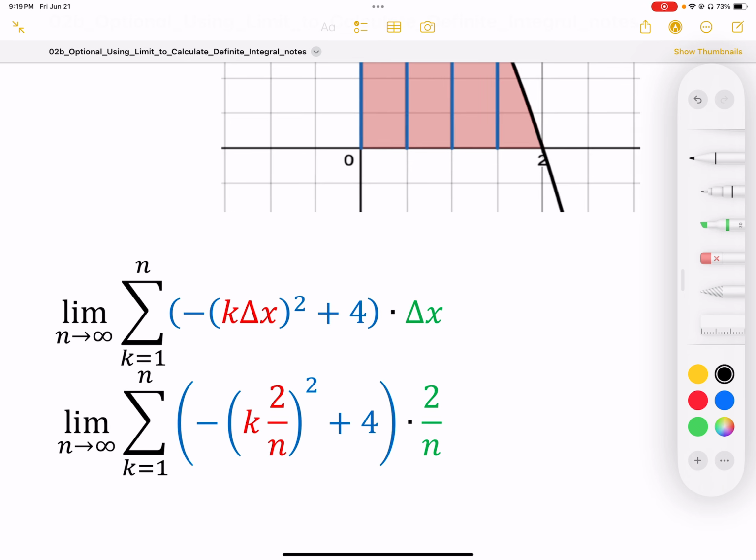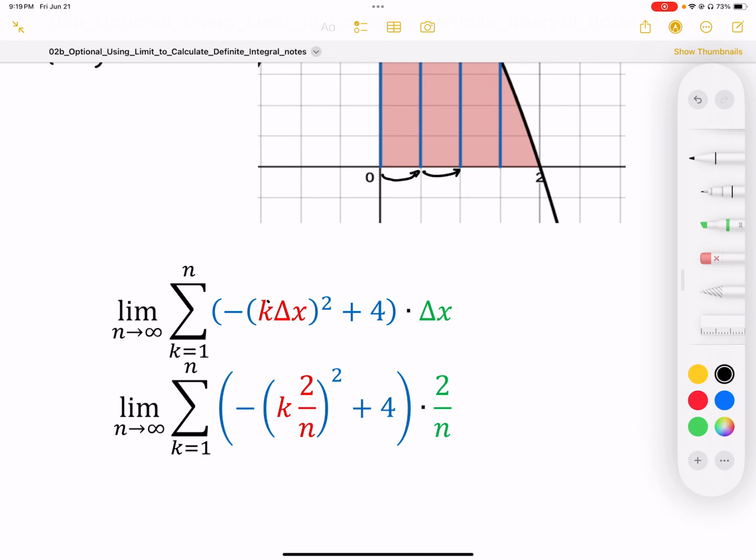So for every delta x that I shift over, I'm going to be moving my x coordinate over. So my x coordinate is going to be based on k times delta x. k just represents how many spots I'm sliding over, and it's going to be k times delta x. Now I need to establish what delta x is.